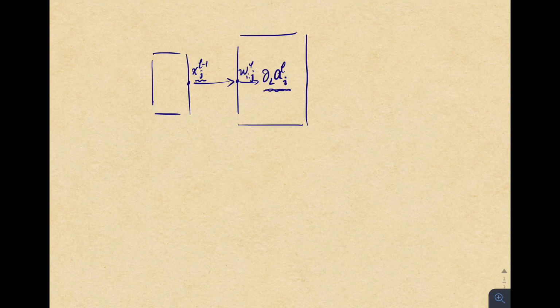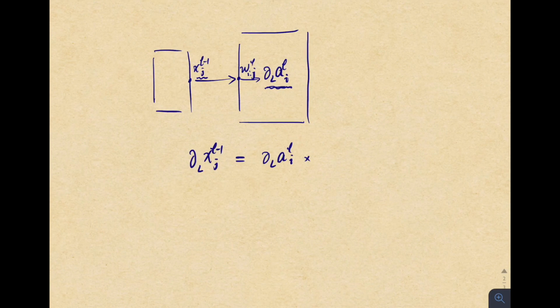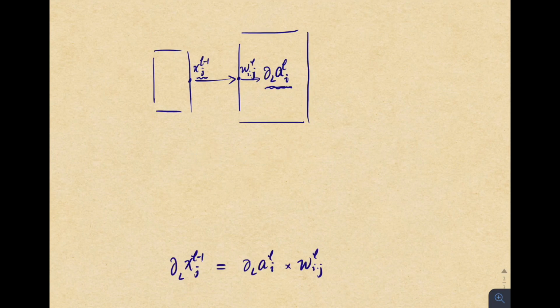From this image, it's very clear that if we write x_j of the previous layer, that is just the partial derivative we already know, of the pre-image of the ith neuron in the Lth layer, multiplied by the corresponding weight.